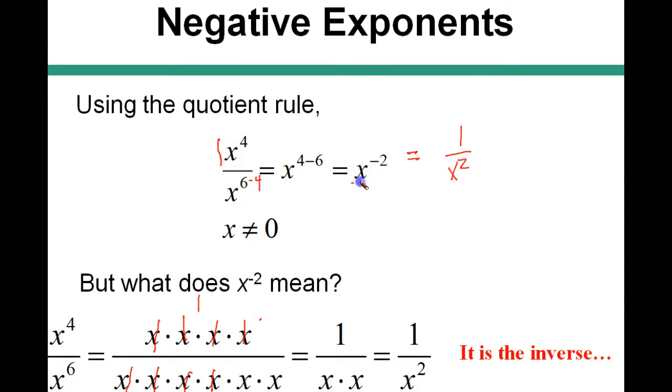So in a sense, this is over 1. Bringing this exponent down to the denominator changes its sign. We think of this a little bit as if it is the inverse. This is this, and its inverse in changing the sign is this. Okay, let's go on.